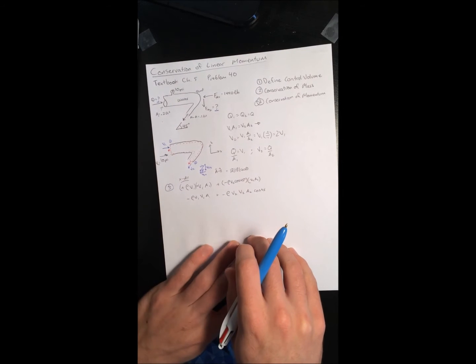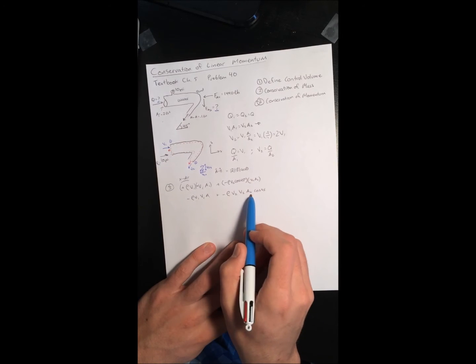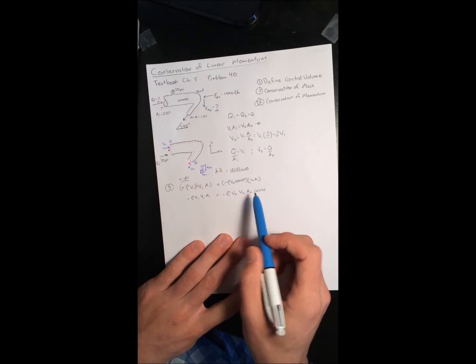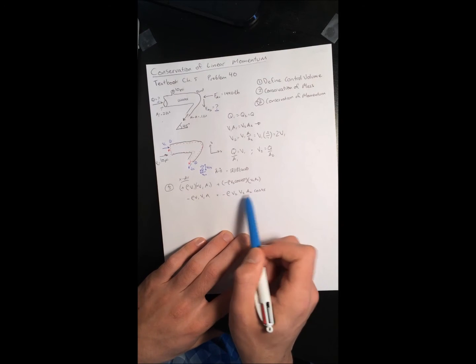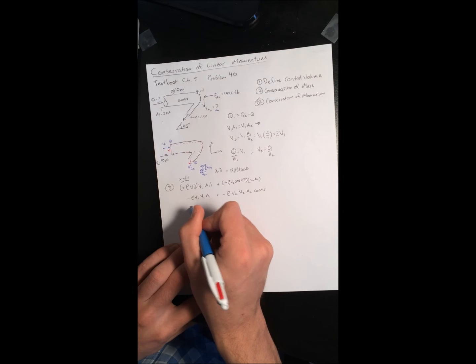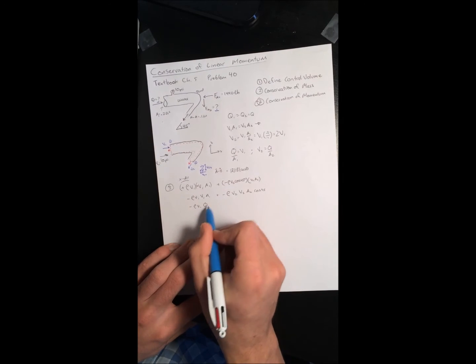So I could combine these terms and go rho v squared a, but it's not going to be too useful to me here because remember, I do not have any of the velocities. What I am looking for though is Q. So in simplifying this again, I'm actually going to put Q back in here, taking v1a1 to be Q.